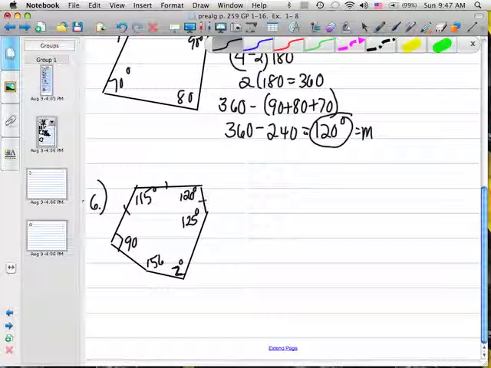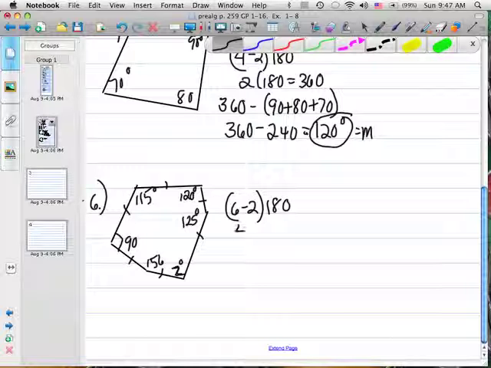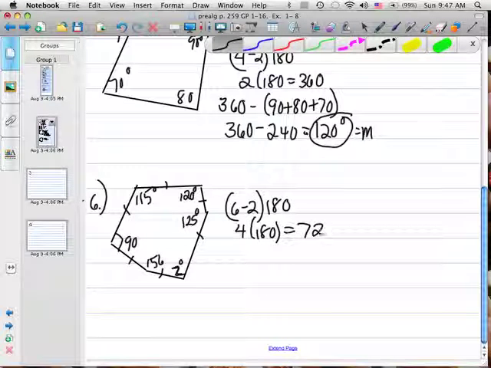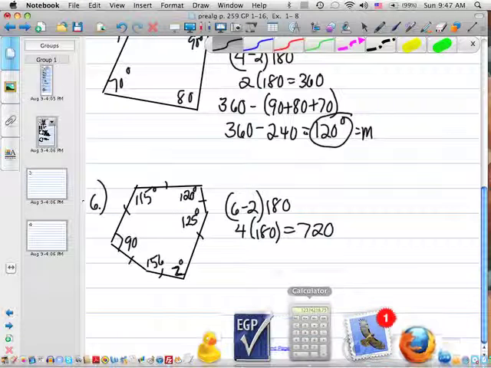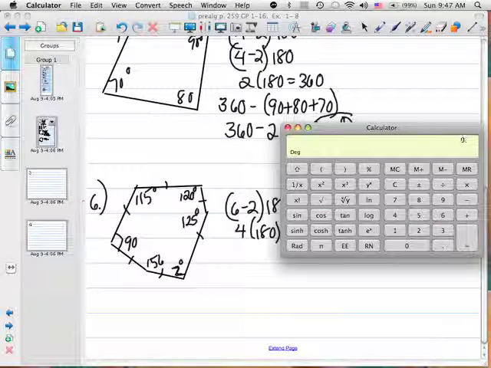So we have 1, 2, 3, 4, 5, 6 sides. So 6 minus 2 times 180. That's 4 times 180. That's 720 degrees. So add up the angles we do have. We can just use our calculator and do that right now.